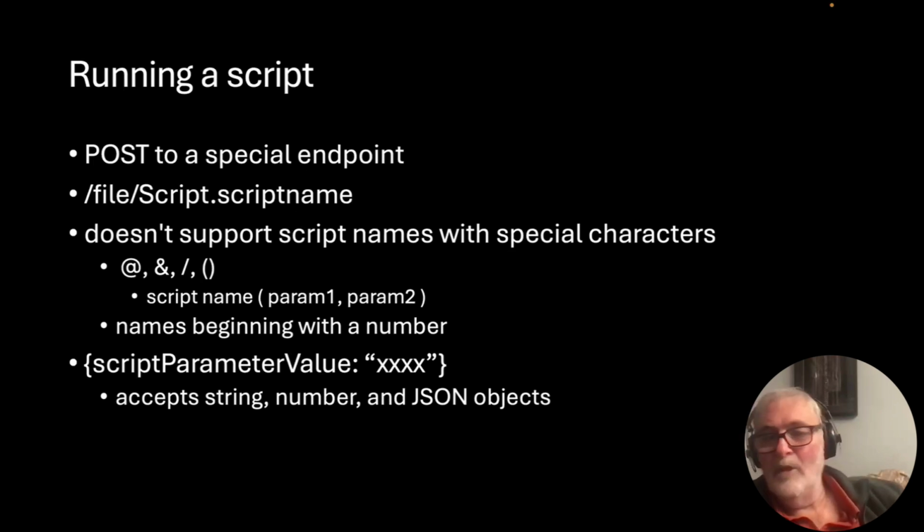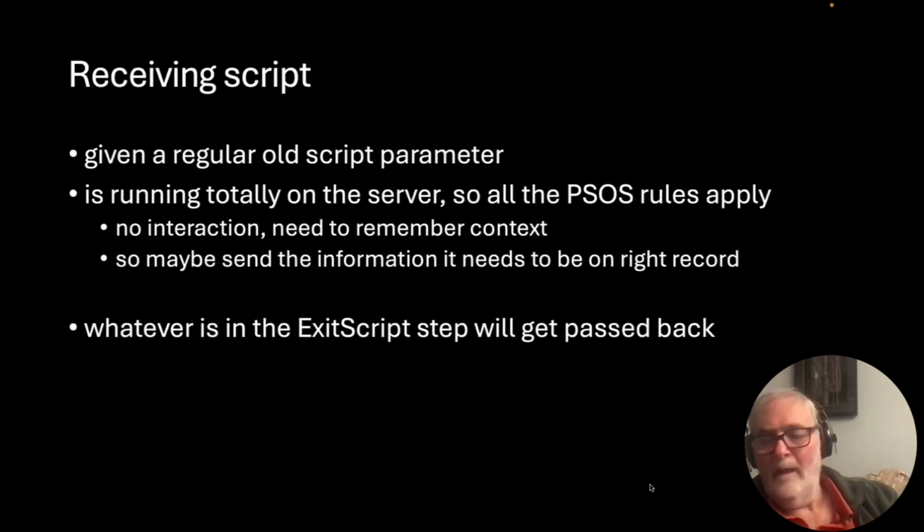But you can send anything you like to another script, as long as it's in that bit of JSON. It can be just a simple string or a number. It can be full-on JSON objects, in the same way that we currently do with our FileMaker parameters. So the script that's receiving gets the script parameter, and so you can use the Get Script Parameter step at the head of the script to grab that.